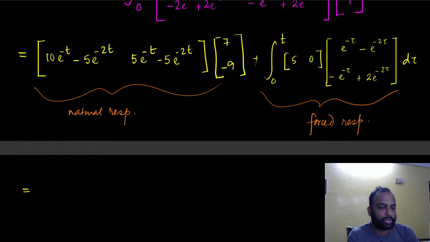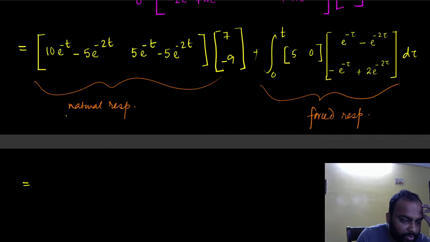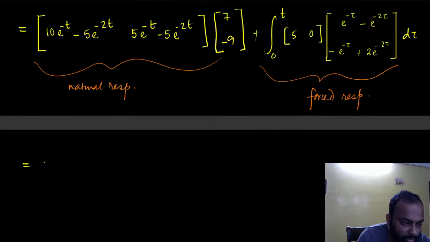I have to multiply this with 7 and do the calculation here. That will result in a single scalar quantity.